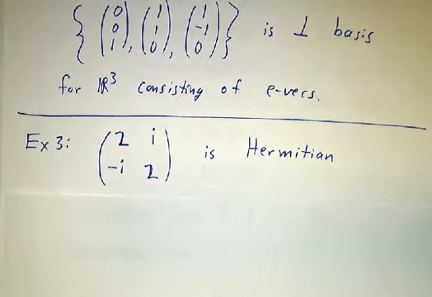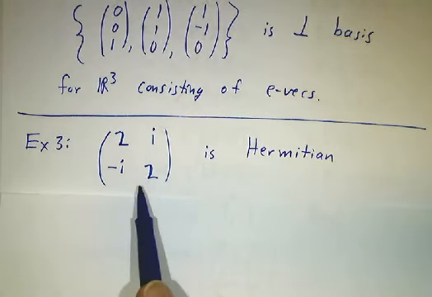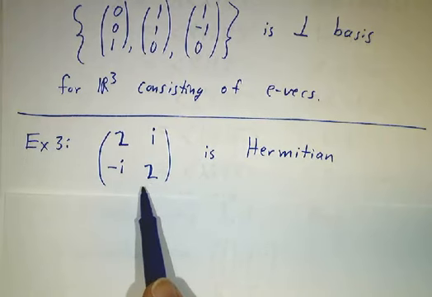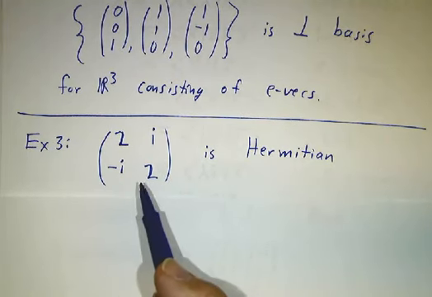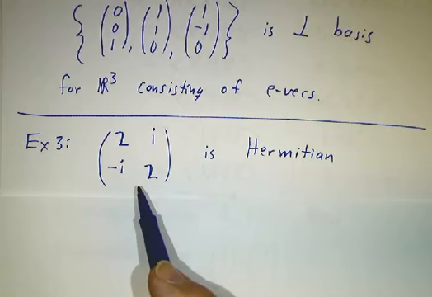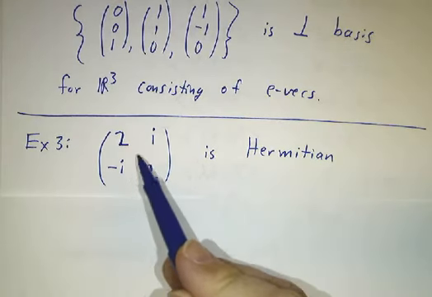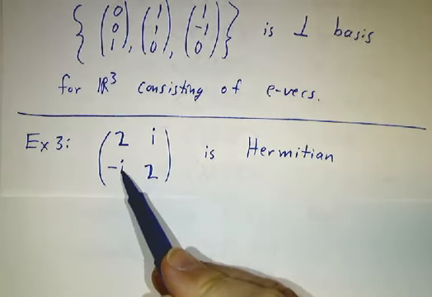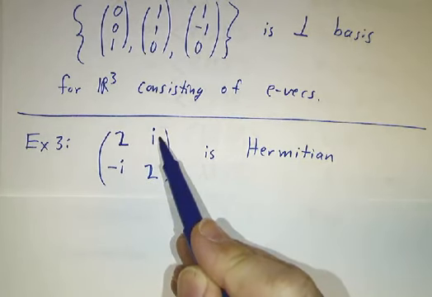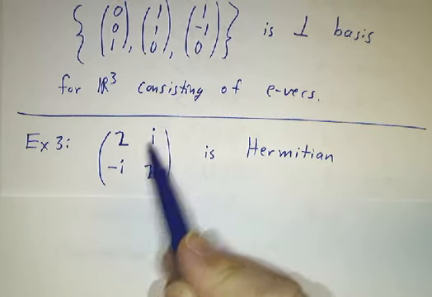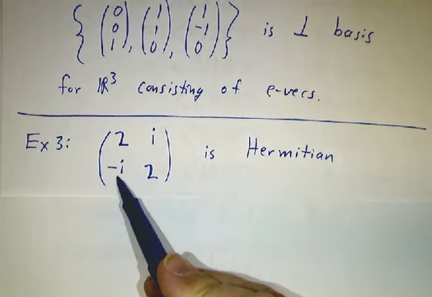Finally, let's look at the matrix [[2,i],[-i,2]]. It's a complex matrix, so you might expect its eigenvalues to be complex. But they're not, because this matrix is Hermitian. If you take the transpose conjugate, the negative i goes here and then gets conjugated to become an i. The i goes here and that gets conjugated to become a minus i.